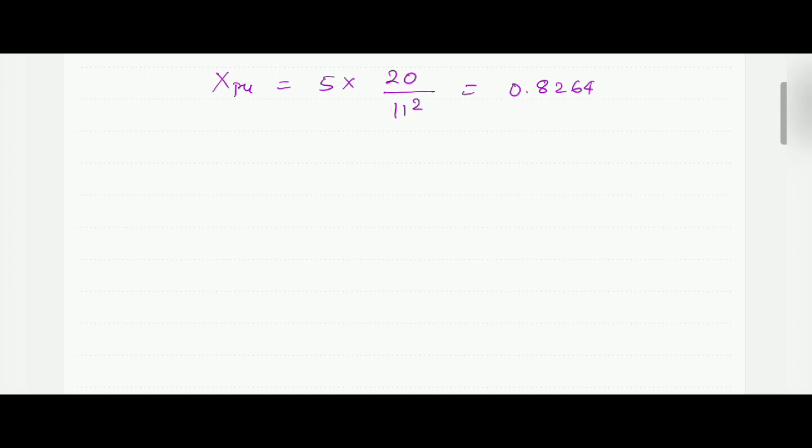base values. So we can conclude that per unit values are base dependent, or depend upon the selection of the base value.